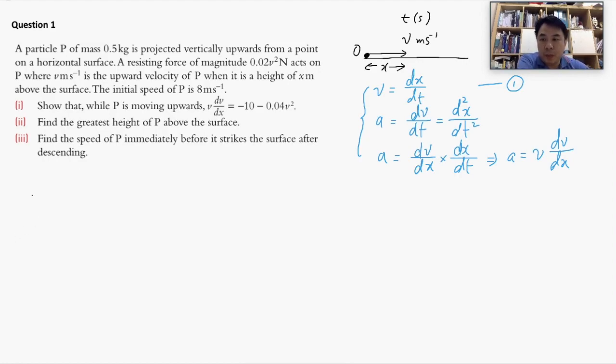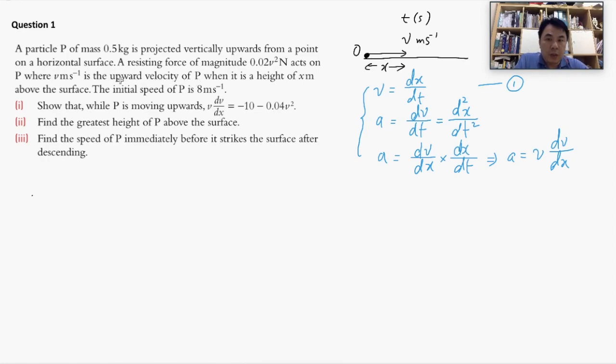Question number 1. A particle P of mass 0.5 kg is projected vertically upwards from a point on a horizontal surface. A resisting force of magnitude 0.02 v squared Newtons acts on P, where v meters per second is the upward velocity.